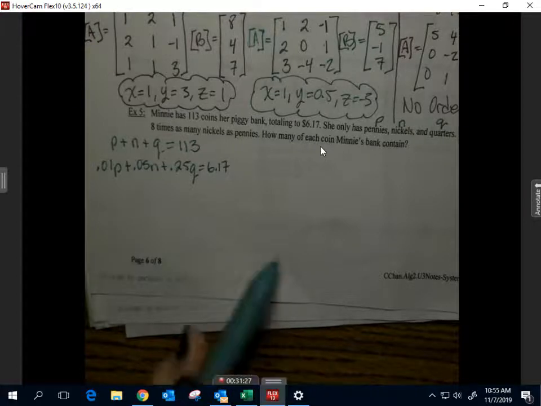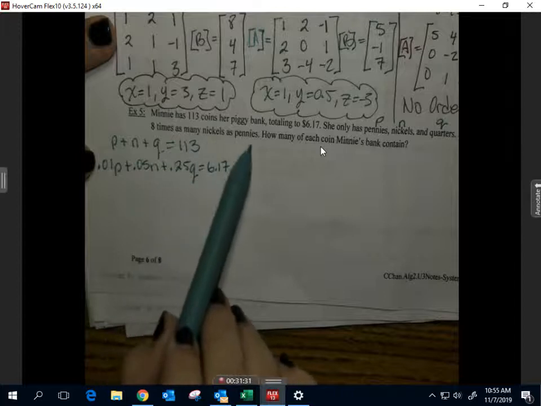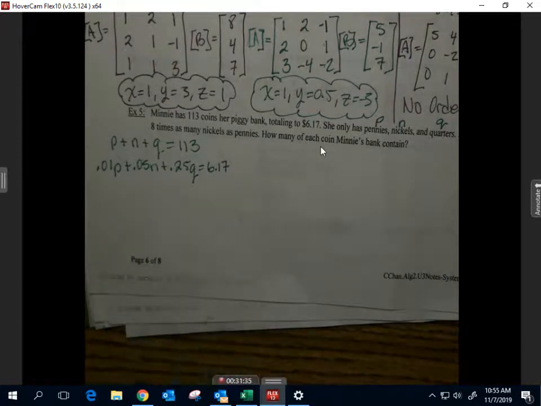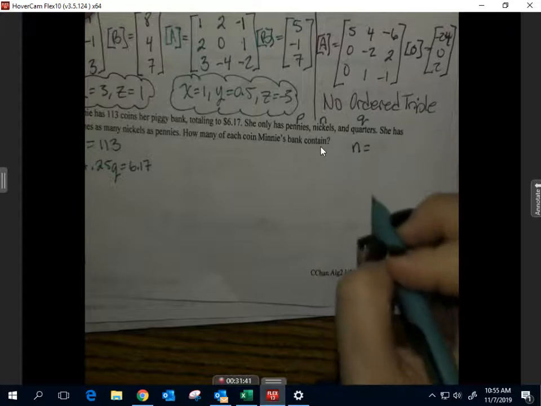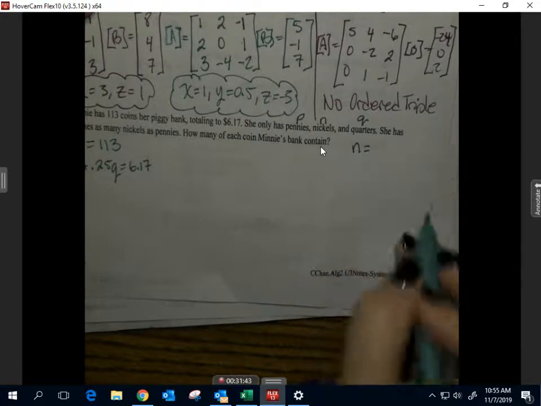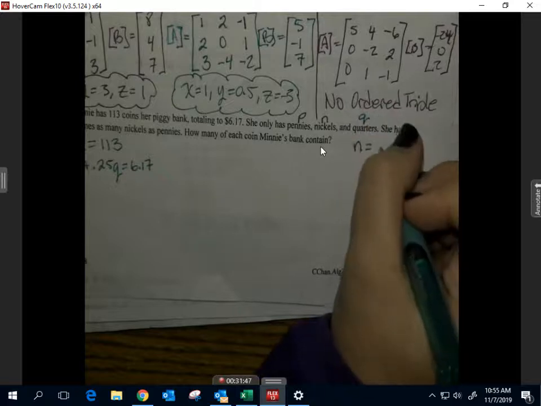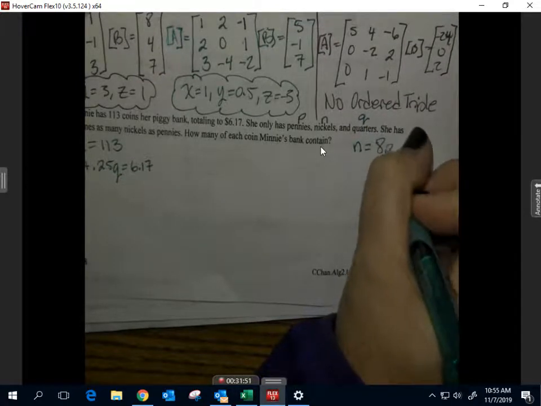So the last one says she has 8 times as many nickels as pennies. So does she have more pennies or nickels? She has more nickels. How many nickels does she have? What does it say? 8 times. So 8 times pennies, right?